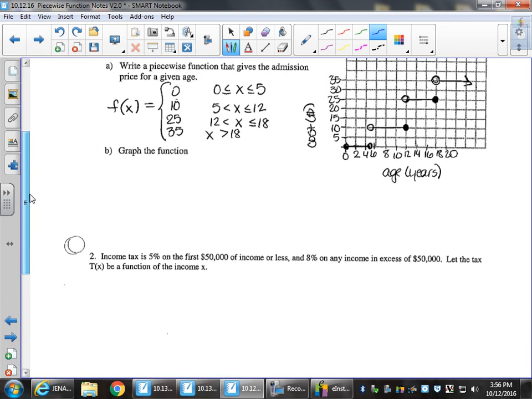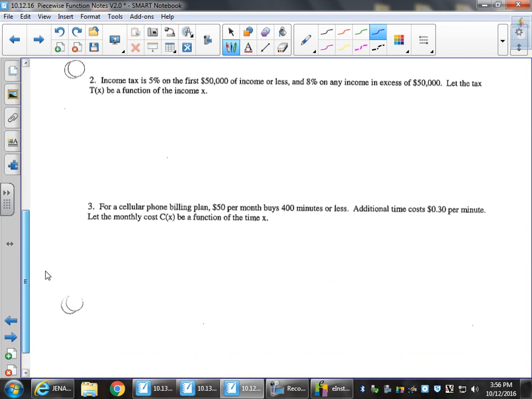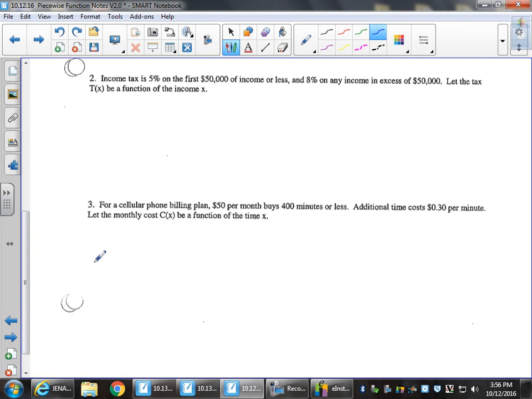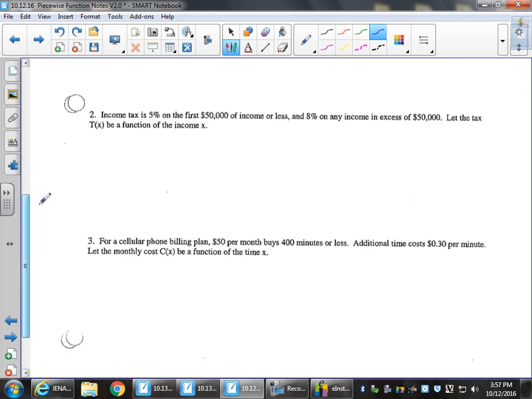Let's bring back our note strategies that we just talked about and work on 2 and 3. Income tax. So I have income tax is 5% on the first $50,000 of income or less, and 8% on any income in excess of $50,000. Let the tax T of X be a function of income X. So this is nice. It helps define our variables already. So just so I have plenty of space here, I'm going to define them up here.